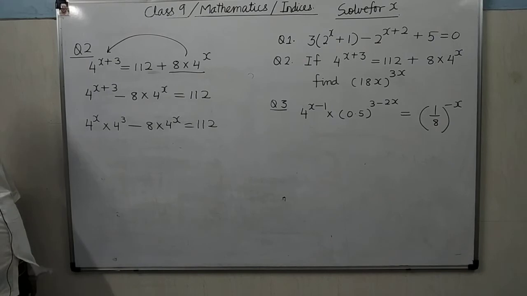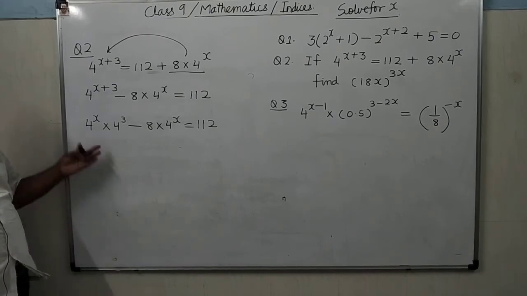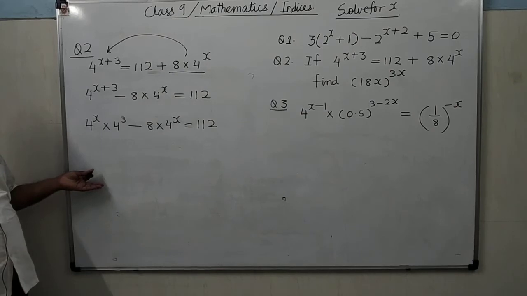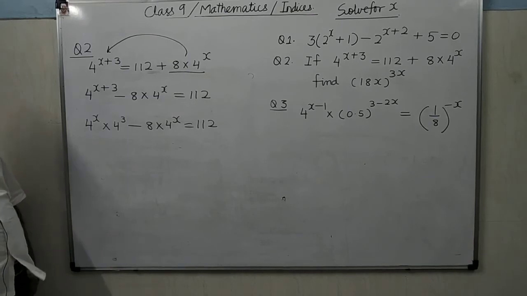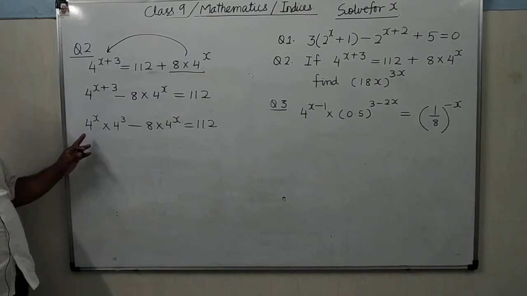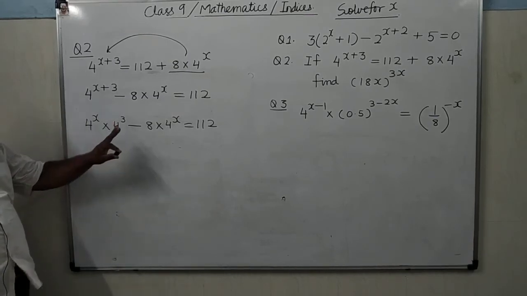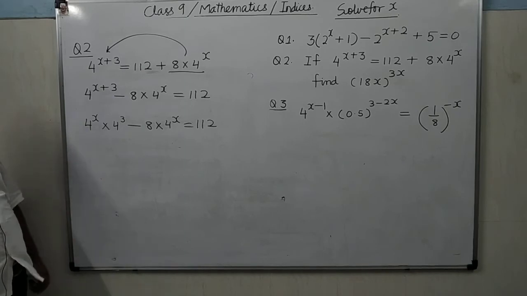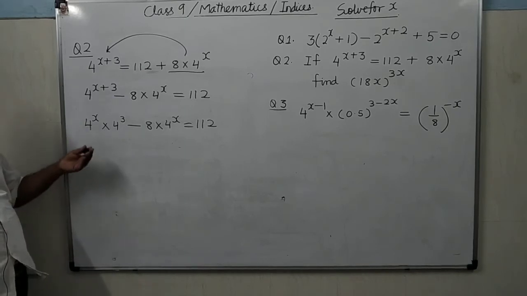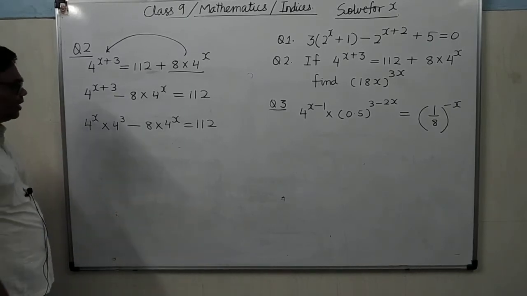It will be better to take out 4 to the power x common, because if it is required to write 4 in base 2, we can do that in the later steps. Our aim is to find x, so if it is required to write 4 as 2 square, we can do it at a later stage.